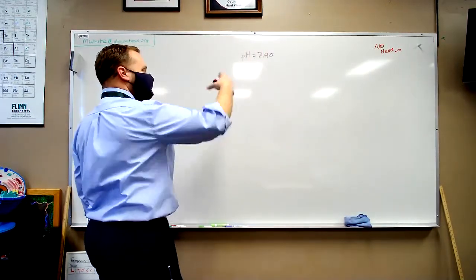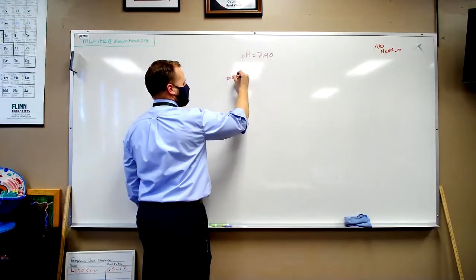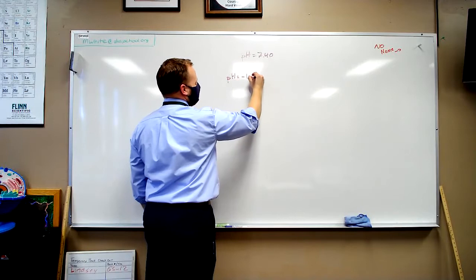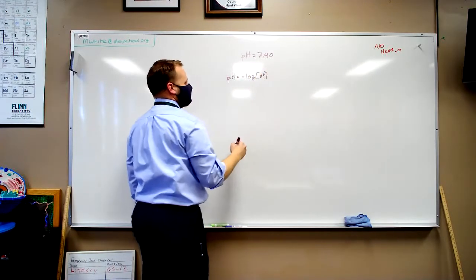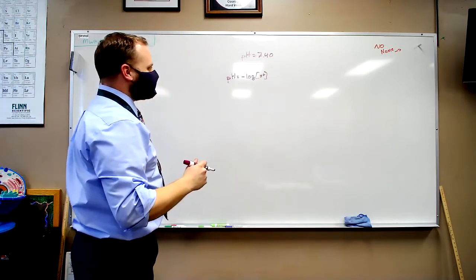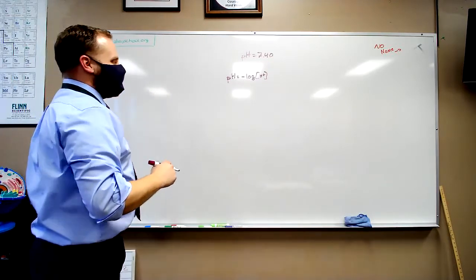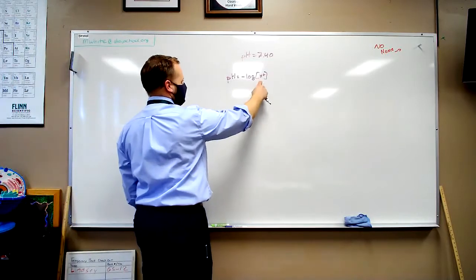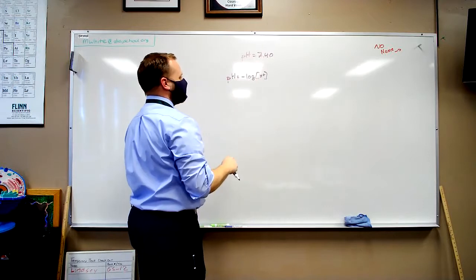Well, we still go to this same equation. We can still say pH equals the negative log of the concentration, because that's how we relate these two. But now we need to solve for the concentration. And remember, we can't just divide. That's not how it works.